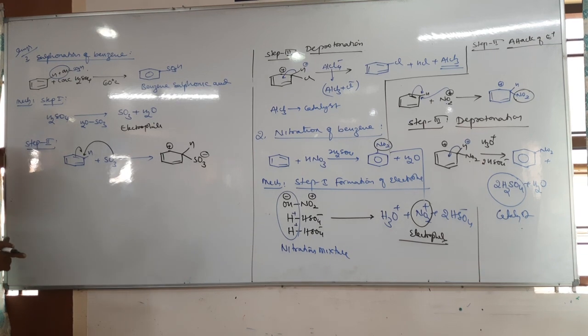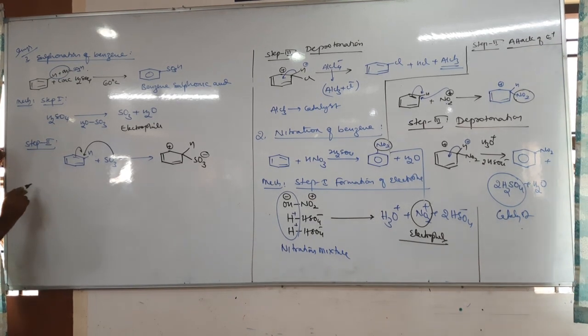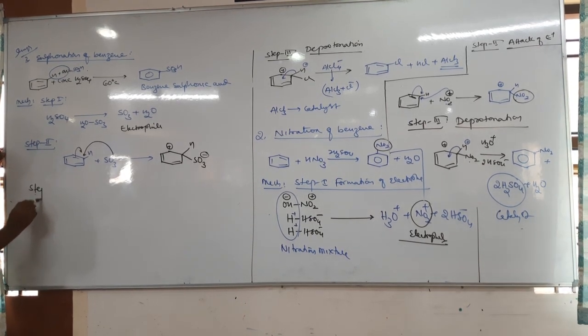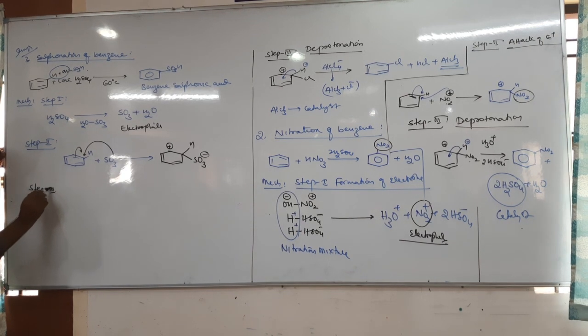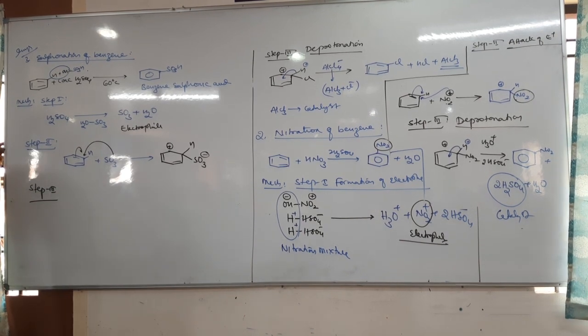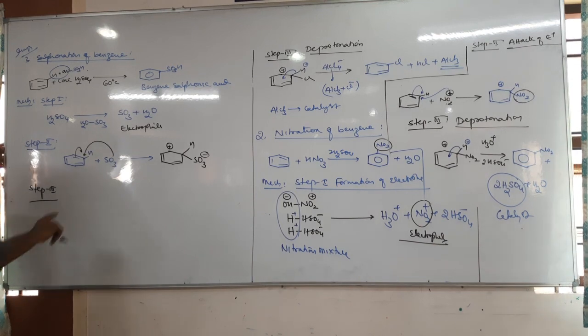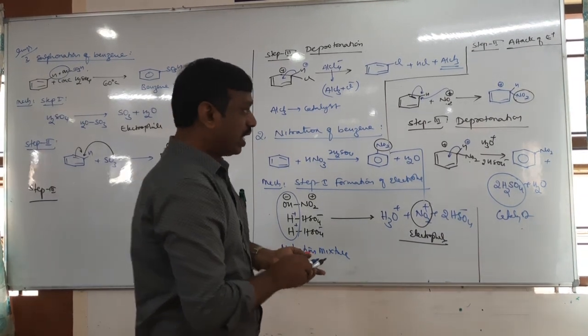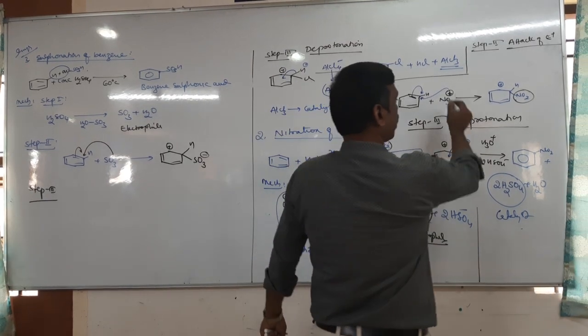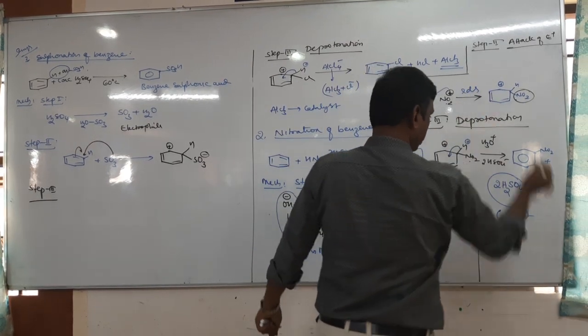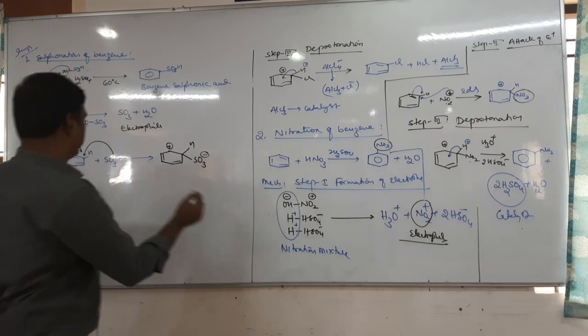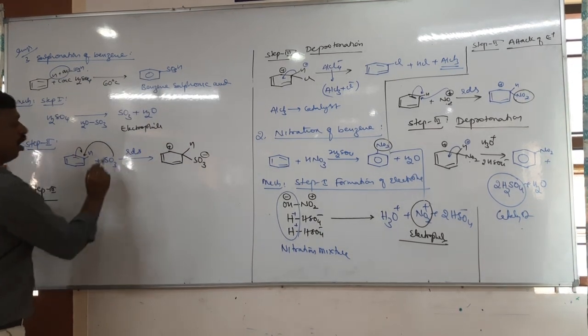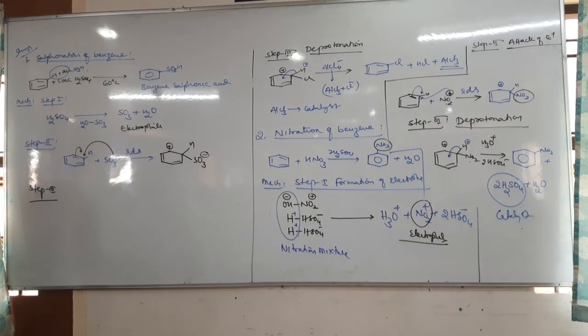That's what is different. Next is step 3. What is the step 3? Deprotonation. And moreover, tell me, in all this reaction, which is RDS? Attack of electrophile. This is RDS. In sulfonation, this is the rate determining step, attack of electrophile.